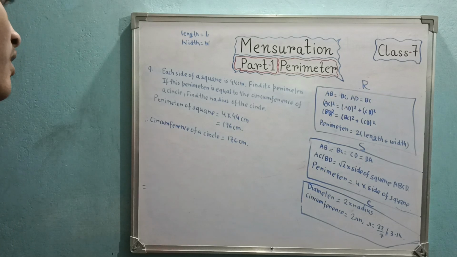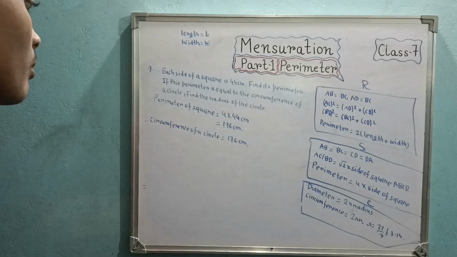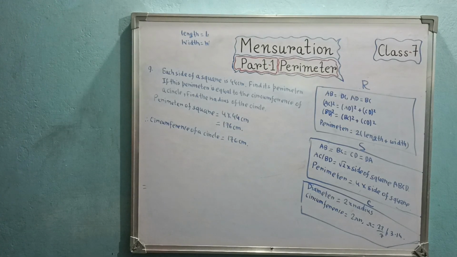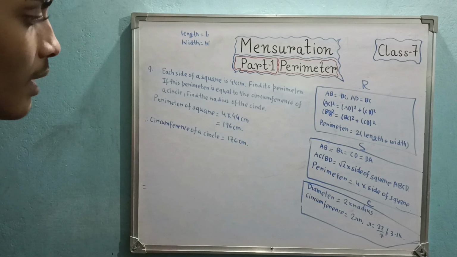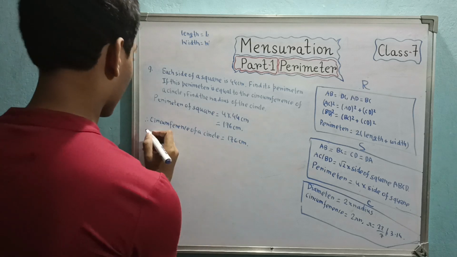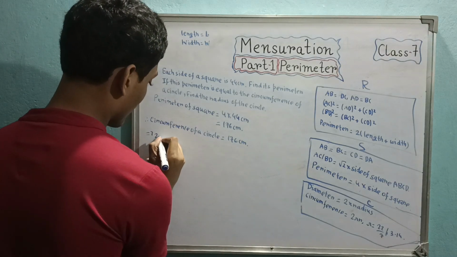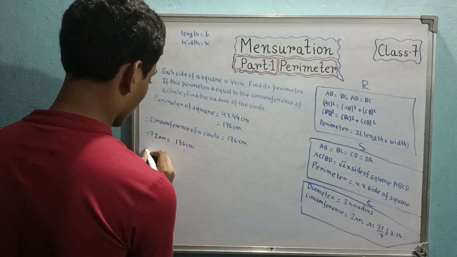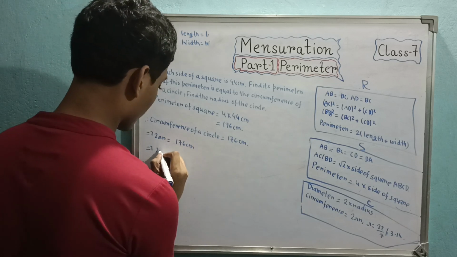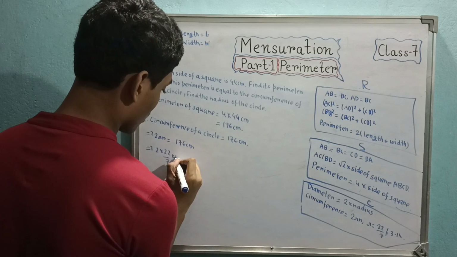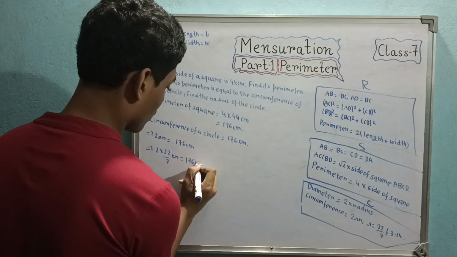Now find the radius. We know 2 pi r is the circumference of a circle. And as we have not been given the value of pi, we can just consider it as 22 by 7. So let's write 2 pi r equal to 176 centimeter, or pi is 22 by 7, 2 into 22 by 7 into r, 176 centimeter.